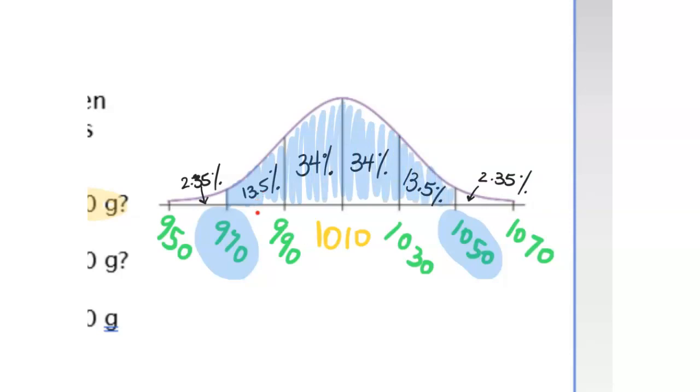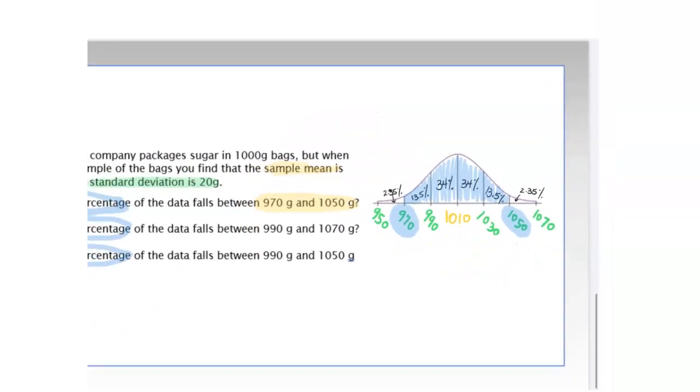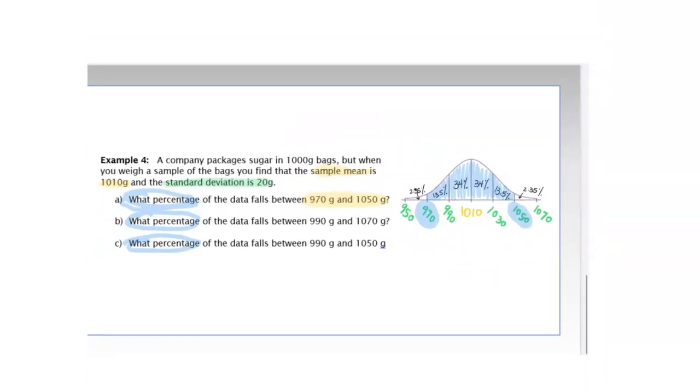And let's add these up together. 13.5% plus our 34% plus our 34% plus 13.5% is going to give us 95%. So our answer for part A is 95%. And once again, you can either add up your 4 intervals or note that that's 2 standard deviations of the mean, which is 95%.